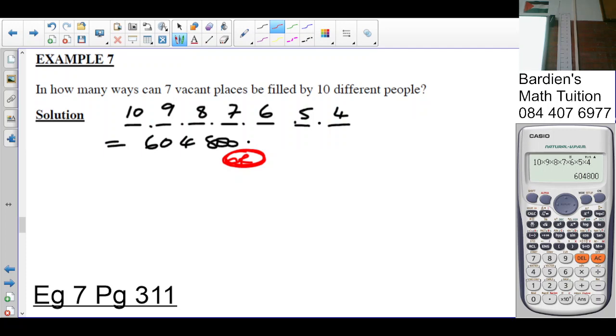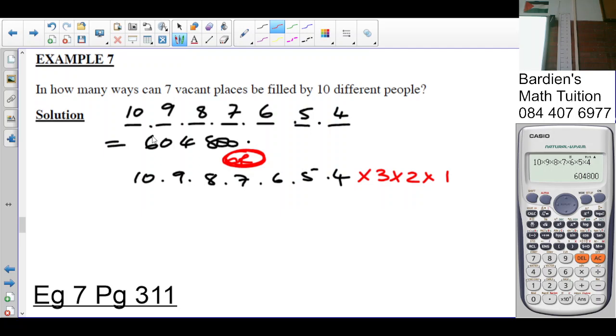Okay? So the question is, what are we shortening to actually use factorial? We've got 10, 9, 8, 7, 6, 5, 4. I'm shortening the 3, the 2, and the 1. Now remember in mathematics, we don't change the value of anything, we only simplify.